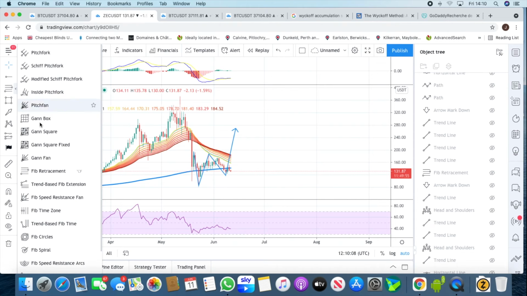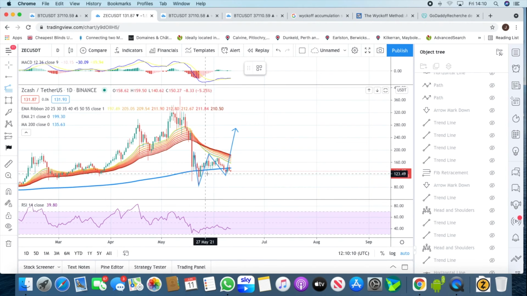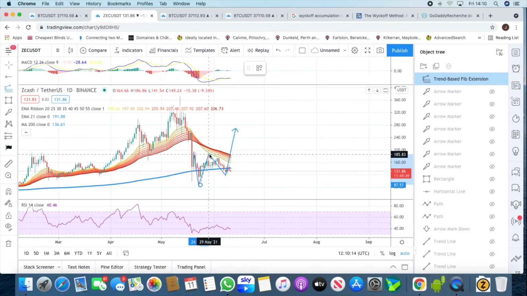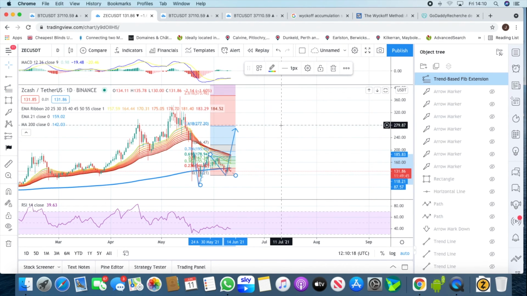If we look at the Fibonacci trend-based extension, there we are. Now it likes to play to this 1.618, the ZCash price. This is implying a target of $277.